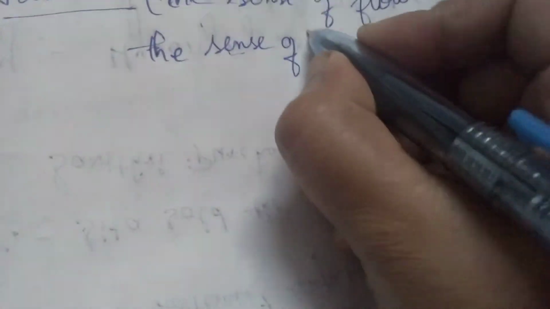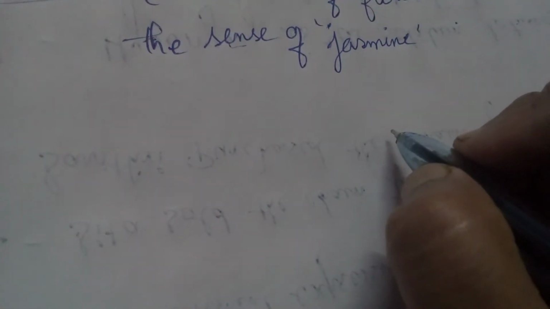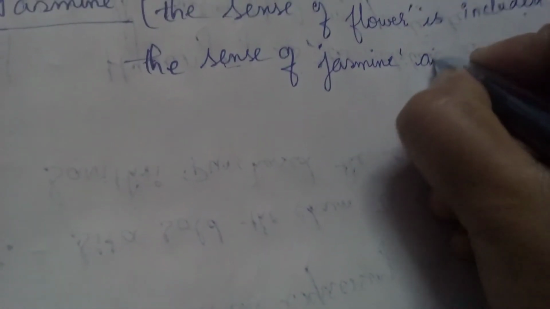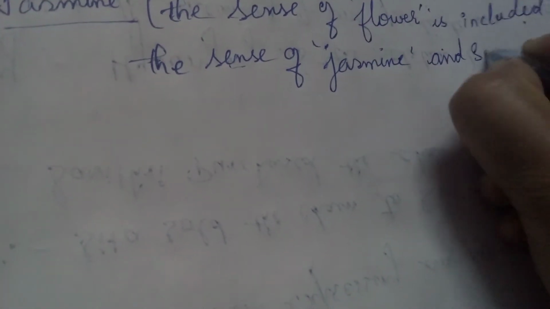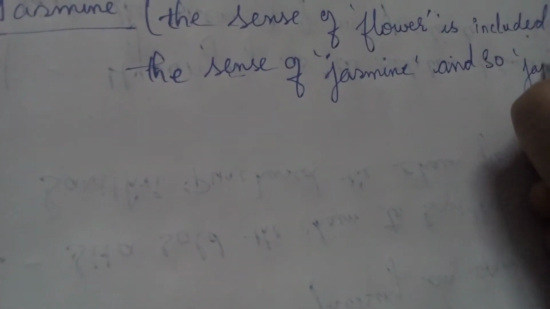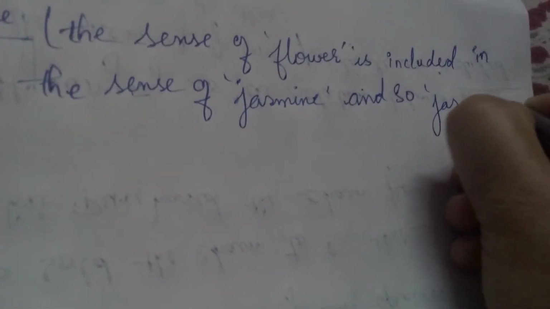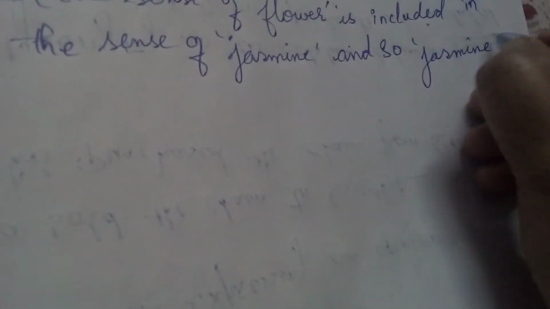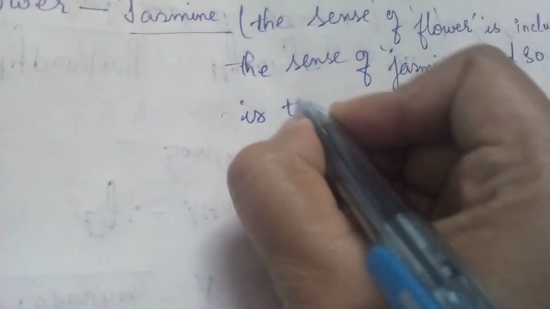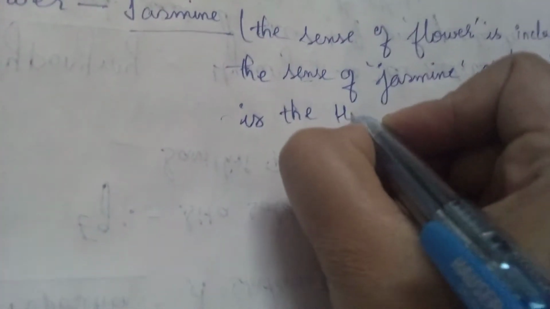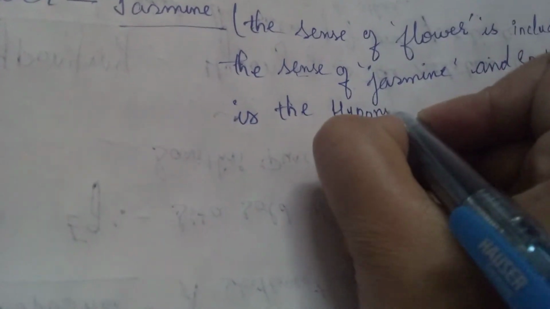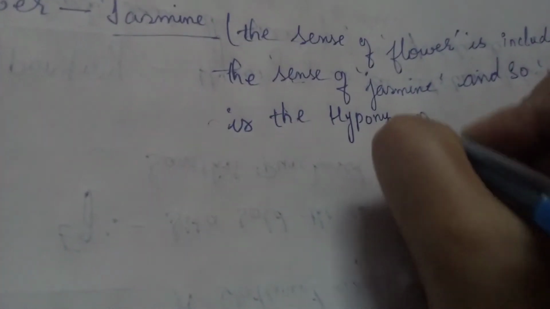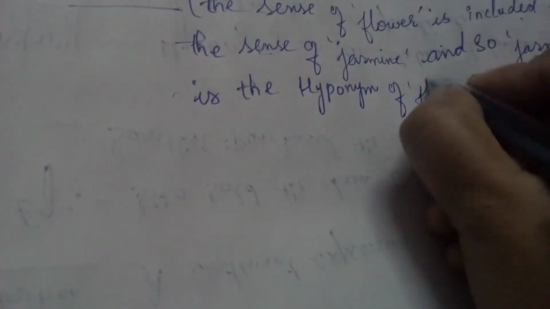Okay, the sense of jasmine. And so jasmine is the hyponym of flower.